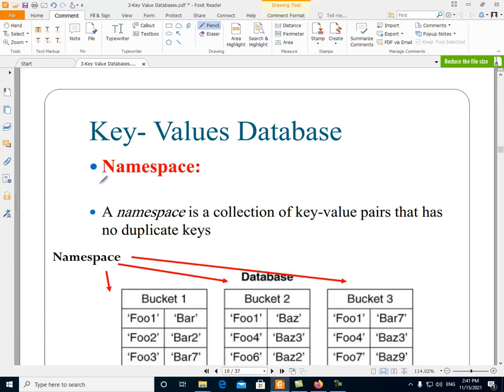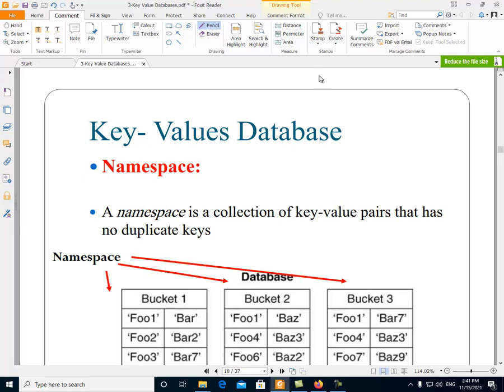In the key value database, we have a concept called namespace. A namespace is where we divide the data into some namespaces, and in each namespace we don't have duplicate keys.